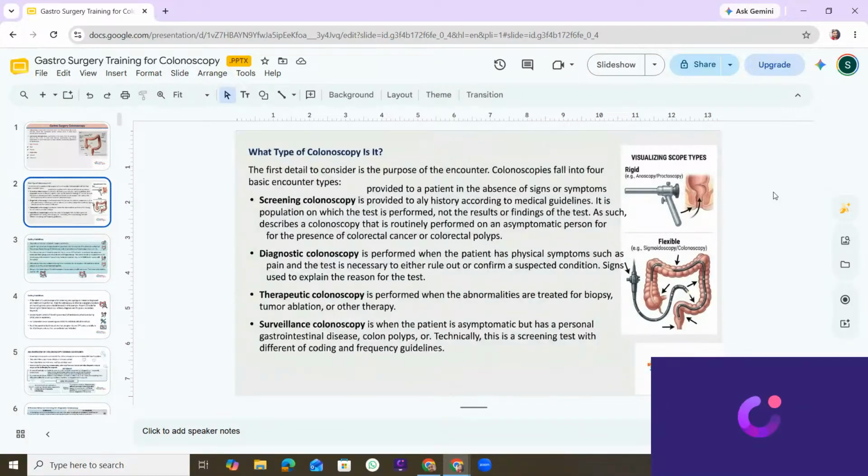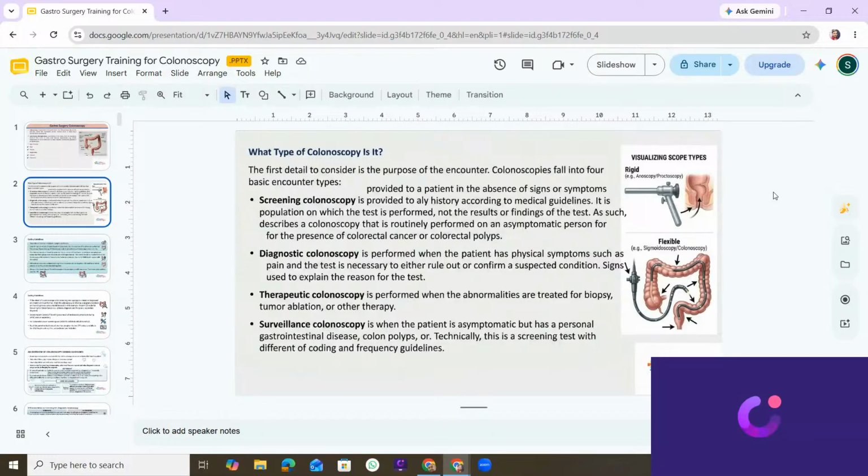So what is the difference between these colonoscopic procedures? We'll discuss the screening colonoscopy first. The patient, in the absence of signs and symptoms, is provided a history accordingly, medical guidance, and it is a population on which the test is performed, not the result of any finding.